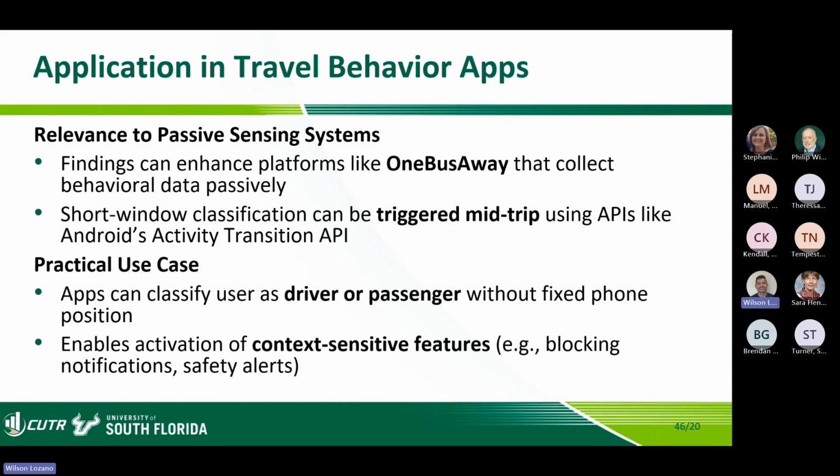Application in travel behavior apps. This is relevant to passive sensing systems. So in previous projects, we worked with One Bus Away, which collects data passively. One Bus Away was using the activity transition API from Android, and this can be integrated with applications like One Bus Away by triggering data collection for short periods of time when one specific activity is identified by that activity transition event.